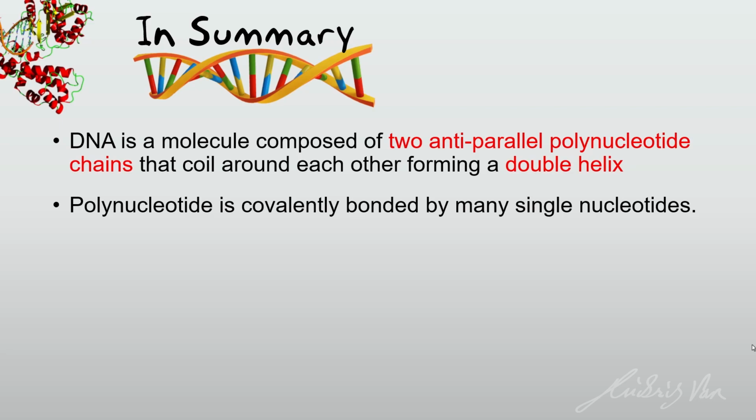Those are the marking points of O-level. As you can see, the covalently bonded is not part of the marking points because this is biology, not chemistry. So just take note of the key points, which are anti-parallel polynucleotides chain as well as double helix.